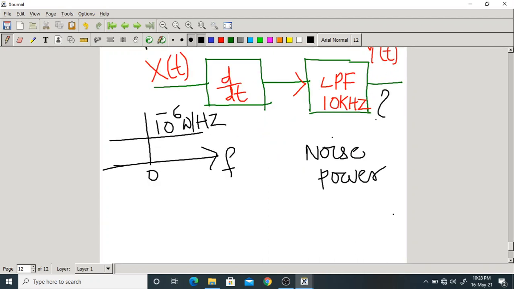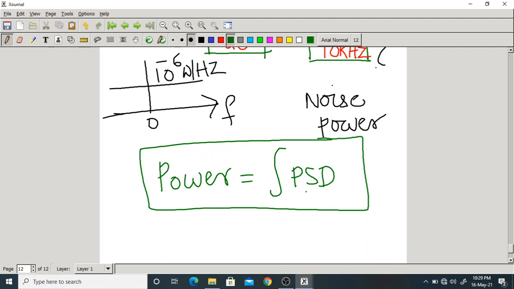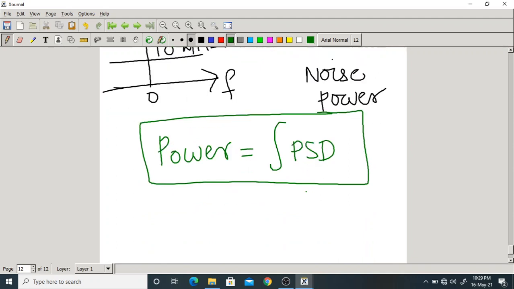Now the moment you come across noise power, the moment you come across power, please remember, power means area under PSD. Is it okay? Not only this, what is the probability? Area under what? Probability density function.